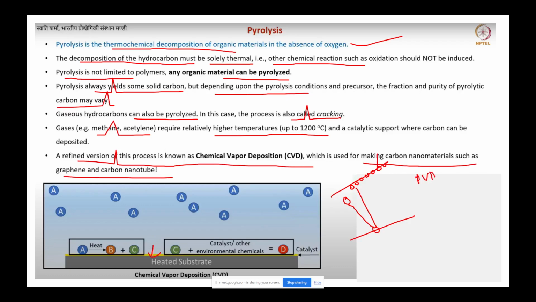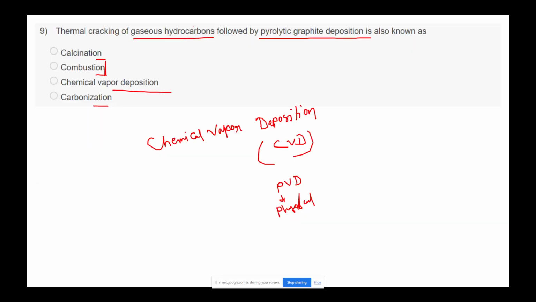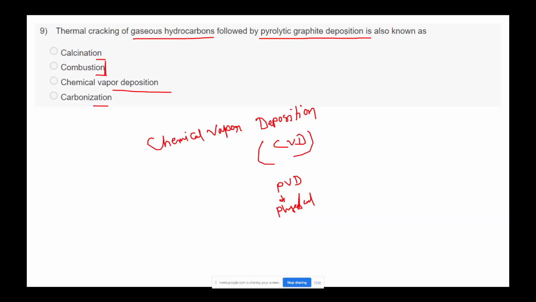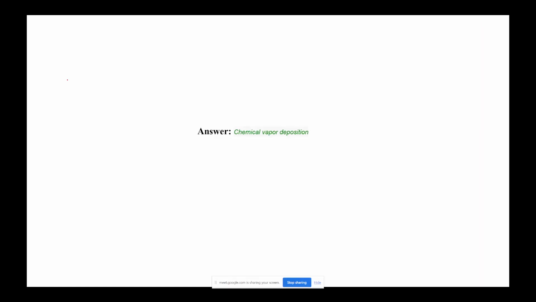This is mainly in PVD, but here we are talking about CVD, since we are using a catalyst. So here, like I just explained, the term is cracking. The thermal cracking of gases followed by pyrolytic deposition is also known as what? This is called CVD, which is nothing but chemical vapor deposition.